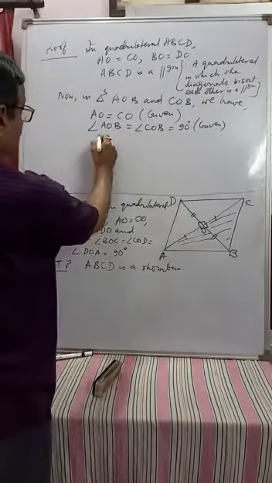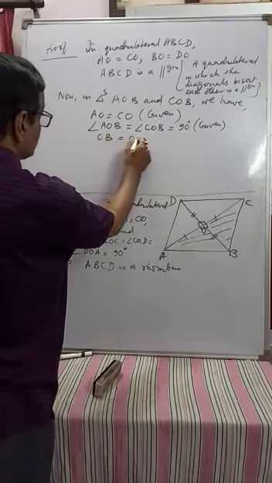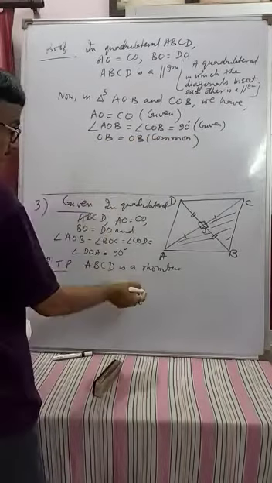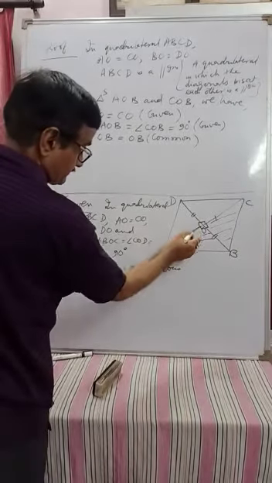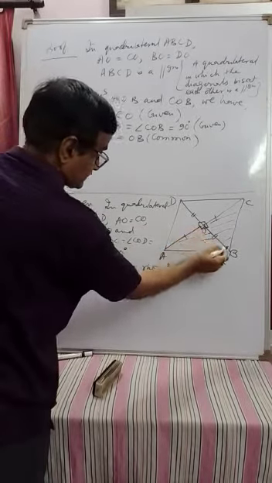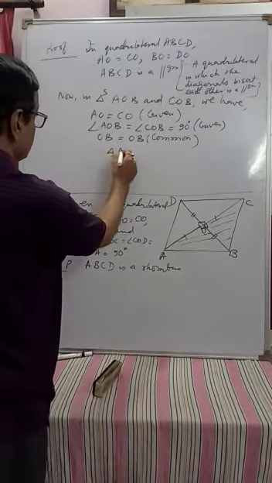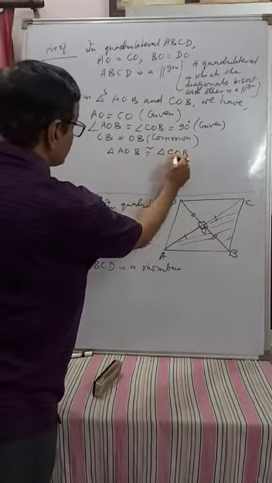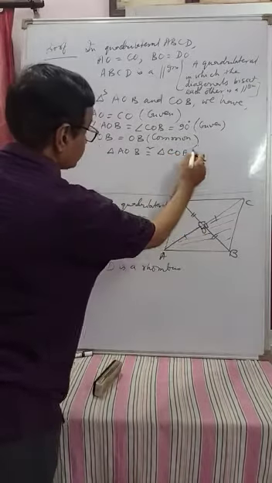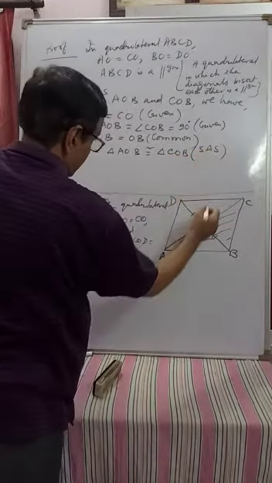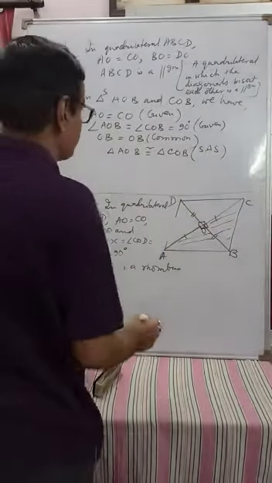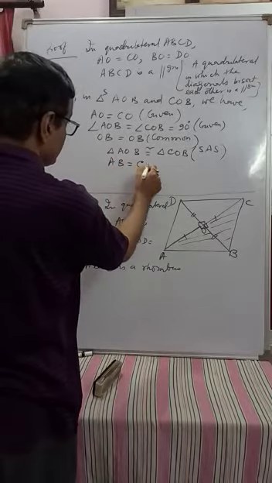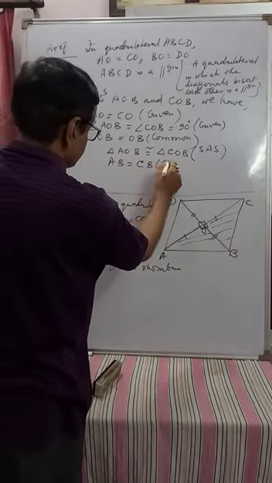And OB is equal to OB, common. Therefore, by side, angle, side, triangle AOB is congruent to triangle COB by SAS. And when these two triangles are congruent, by CPCT we can say AB is equal to CB.